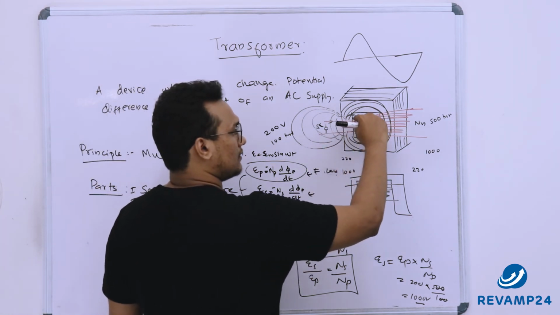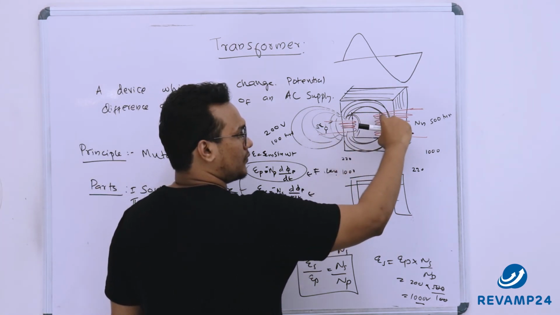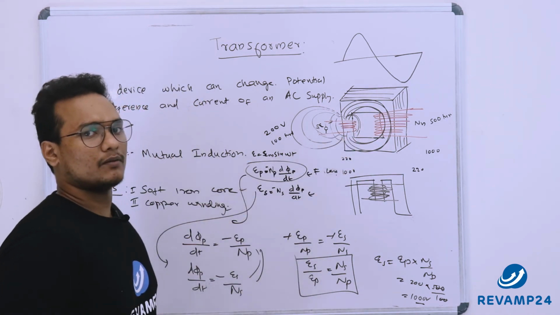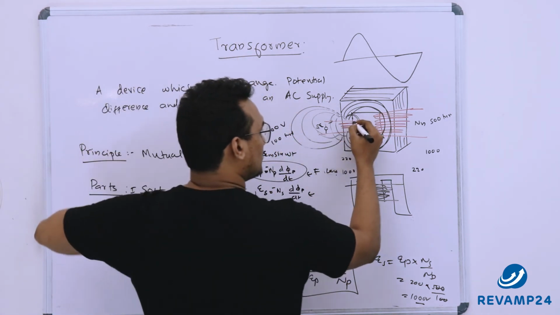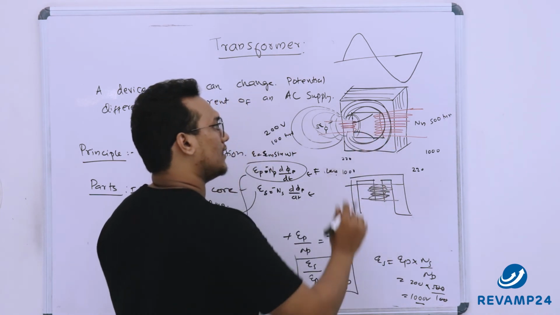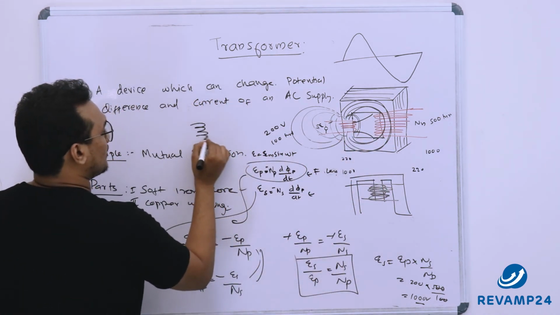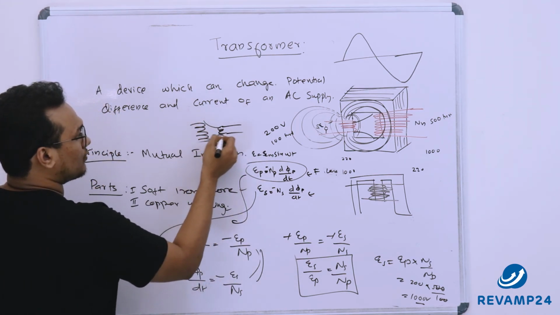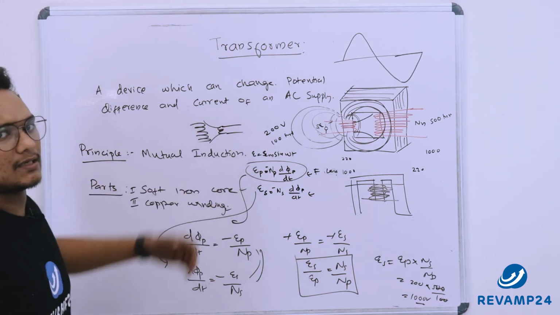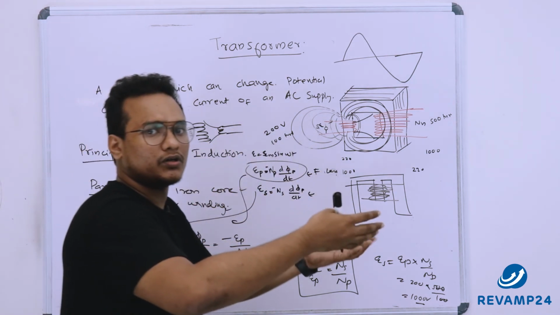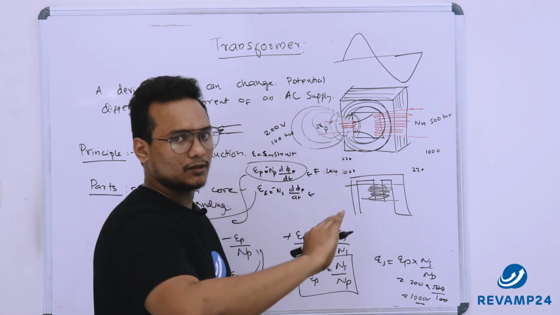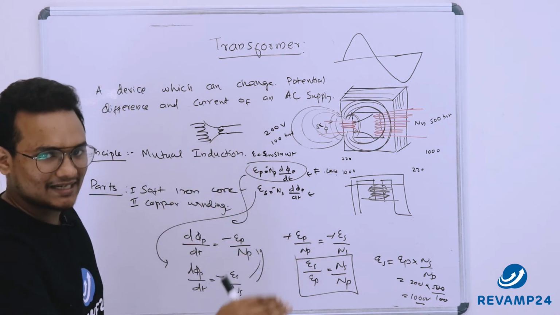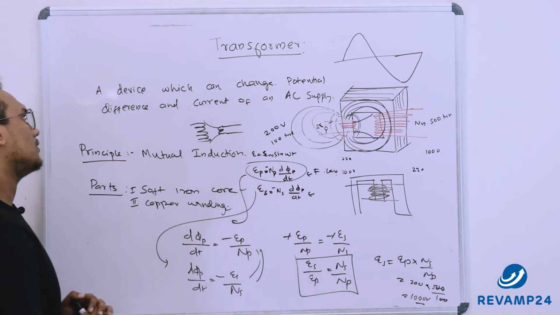So when the number of turns in the secondary is more than the number of turns in the primary, that is step up. When the number of turns in the secondary is less than the number of turns in the primary, this is a step down transformer. Step up and step down means that in a step up transformer the output EMF is more than the input, and in a step down transformer the output EMF is less than the input.